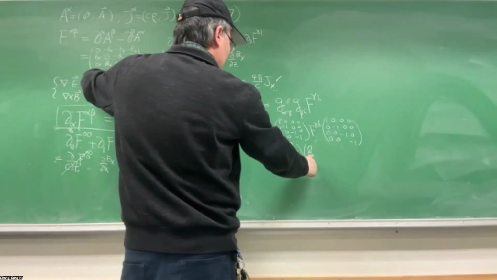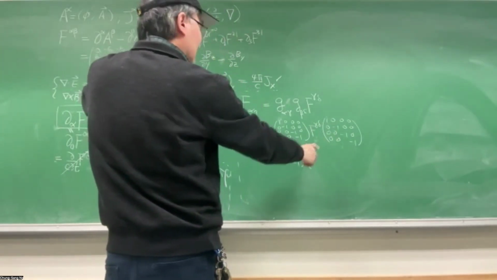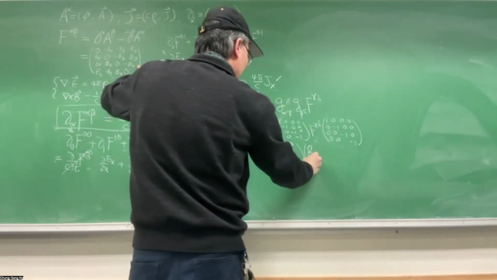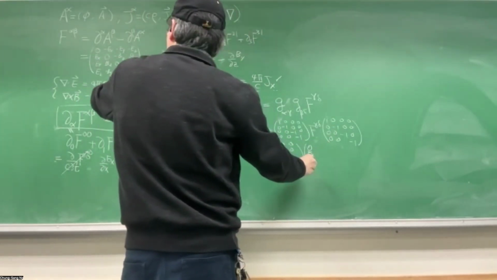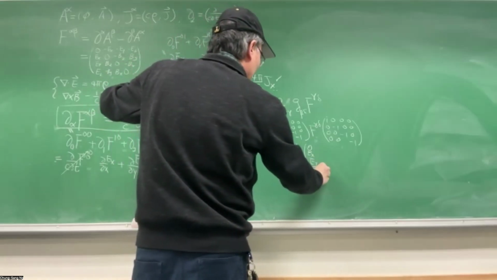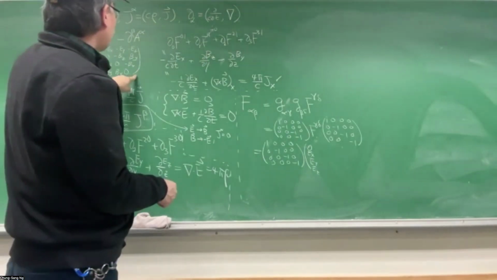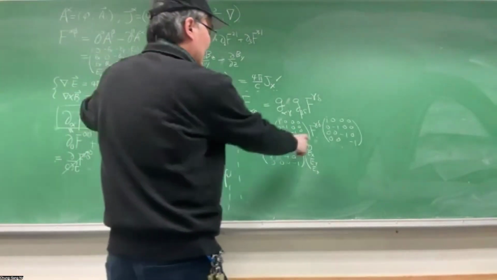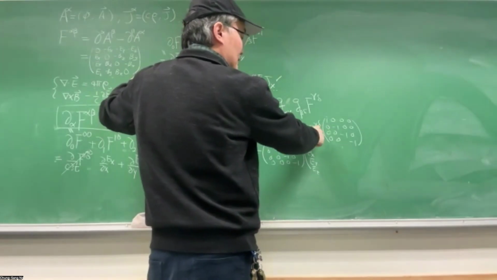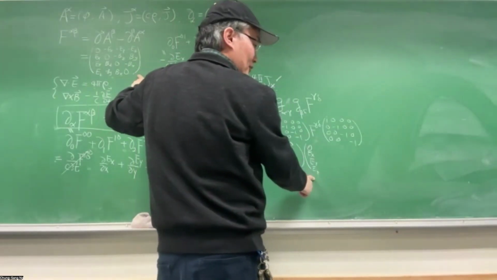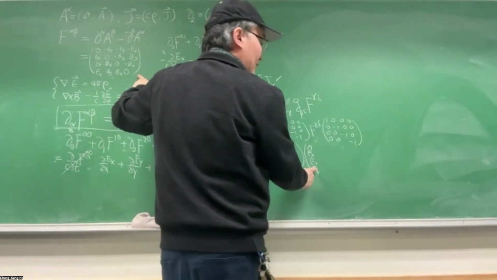And likewise, the second one, this row multiplied by this column, Ey, and then the Ez. So basically, the first column doesn't change. And you see that this is not just restricted to this one. Any 4x4 matrix multiplied by this one keeps the first column the same.